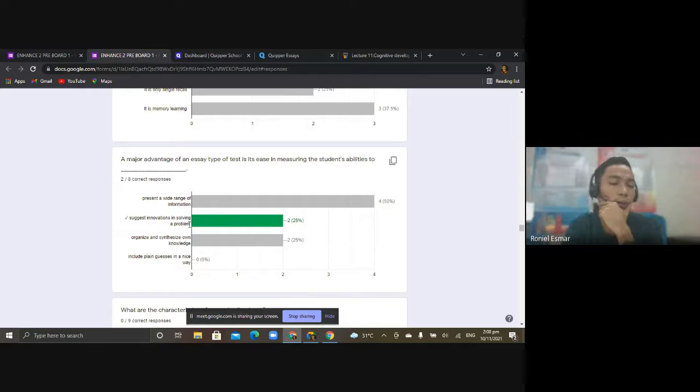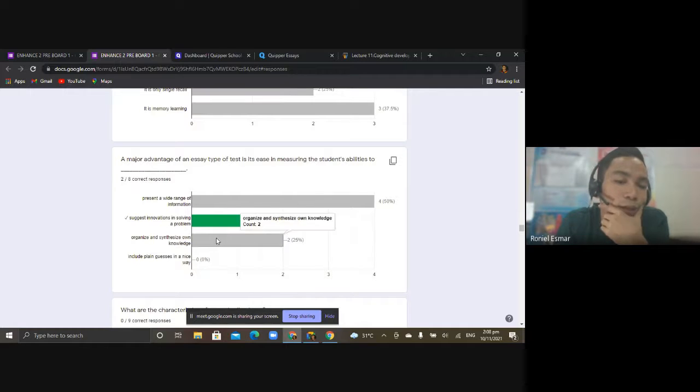They will be creative and critically think about what would be a much better solution for this particular problem. And in conceptualizing possible solutions, we also teach our students to look at it from multiple perspectives so that they don't give just one kind of solution. So that's why the correct answer for this is letter B.